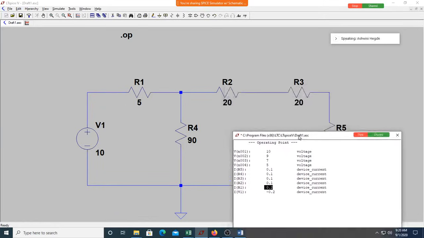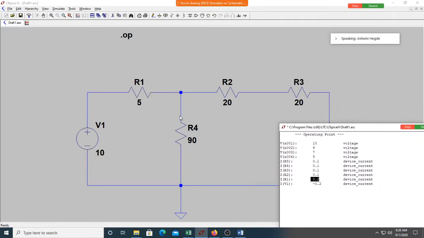So, how do we verify Kirchhoff voltage law? Before we do that, shall we verify Kirchhoff current law? What does Kirchhoff current law say? The current entering the node. Assume that this is a node. Let me name this node.